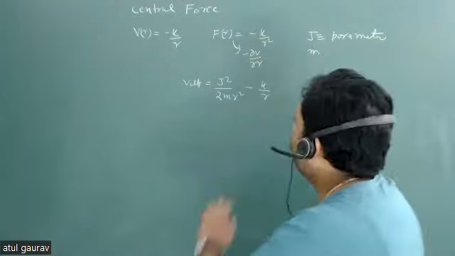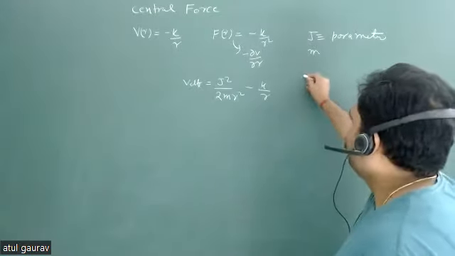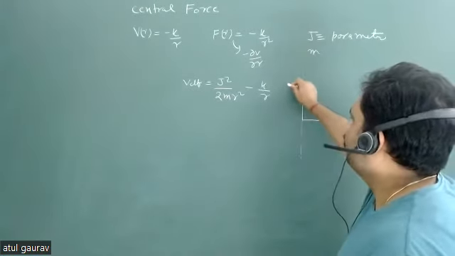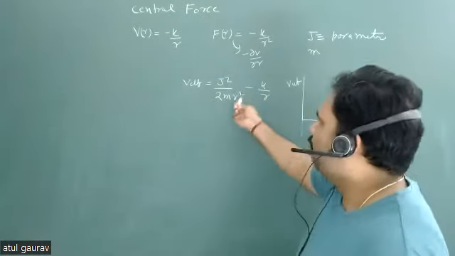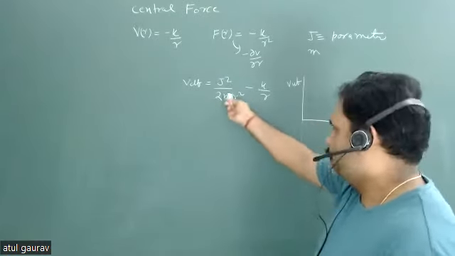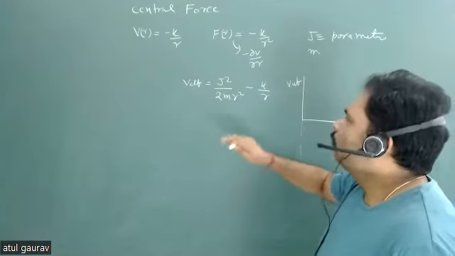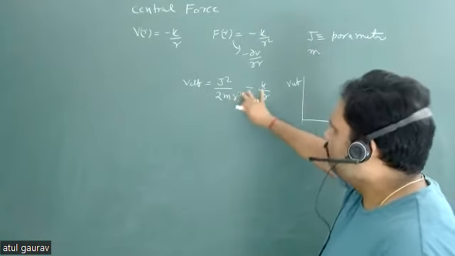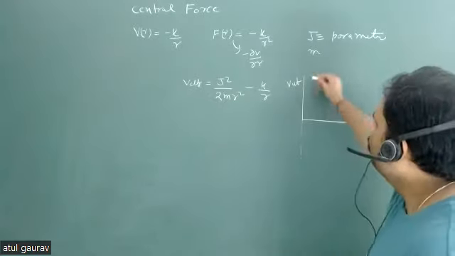If this is my V effective, let us try to plot V effective versus R. And the plot is very interesting. For the smaller value of R, this is proportional to 1 by R square, and this is proportional to 1 by R. So obviously this one is faster than this one, isn't it? What is the meaning of that?